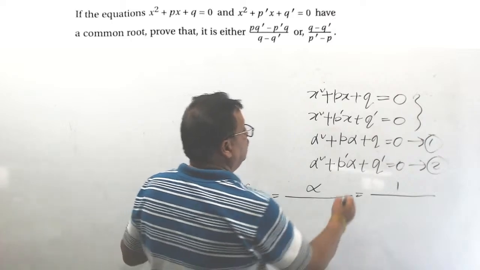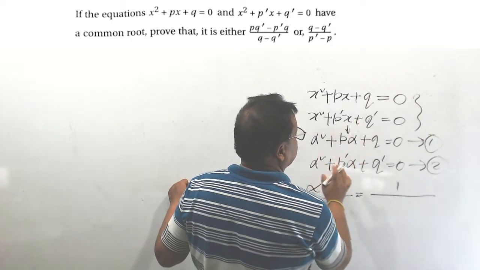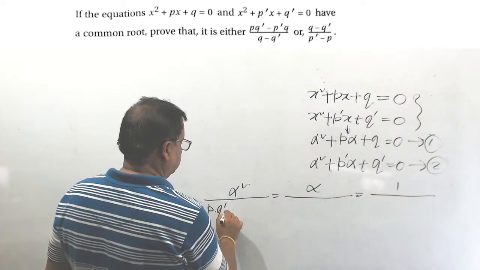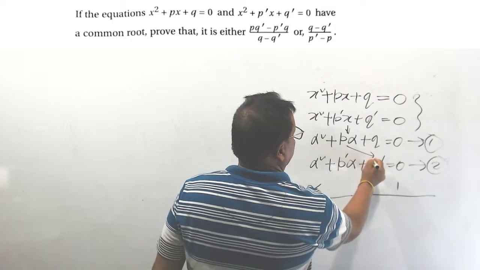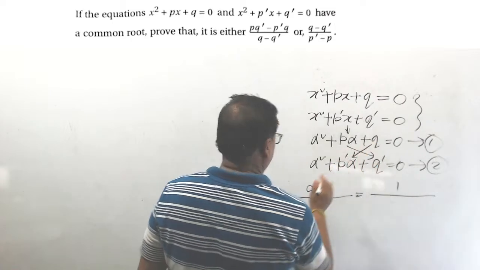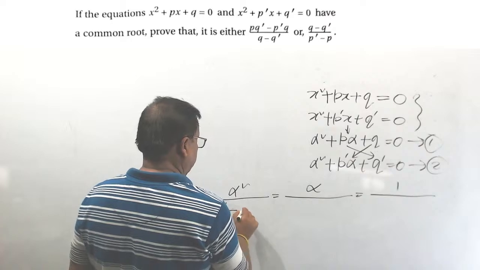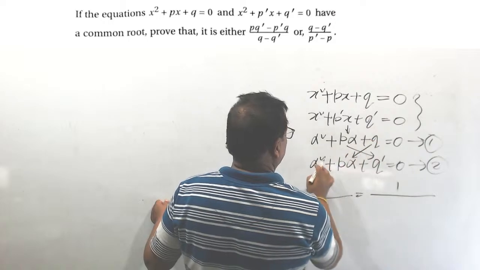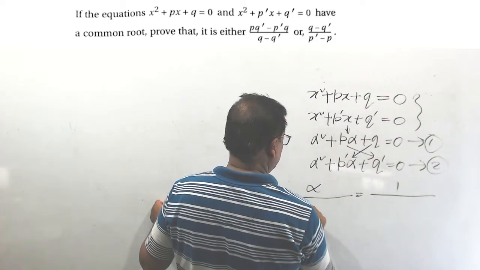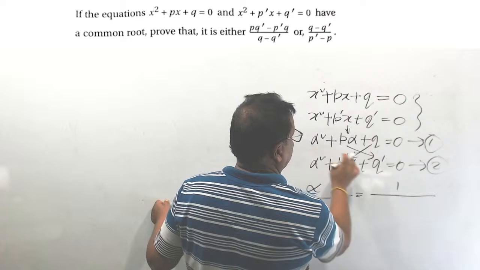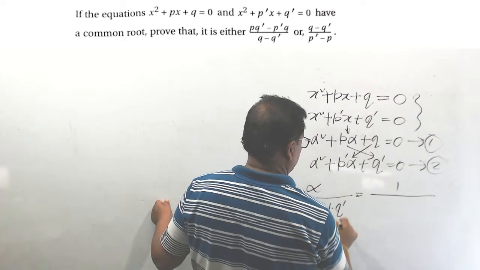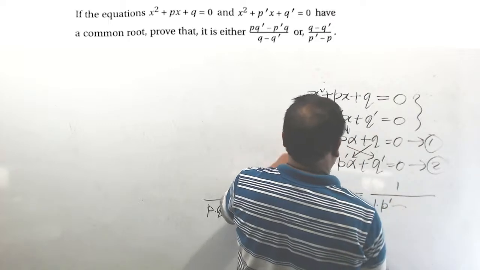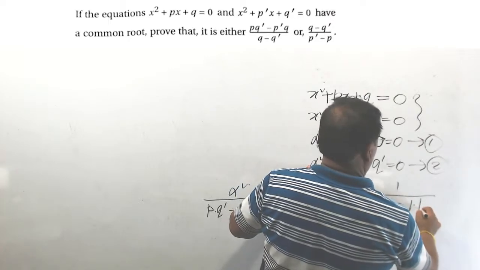So you have to start from where? Here. Only the coefficients: p into q dash minus q into p dash, then q into 1 minus 1 into q dash, then 1 into p dash minus 1 into p.